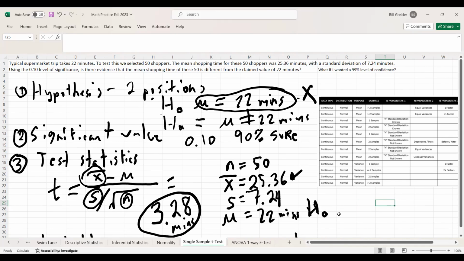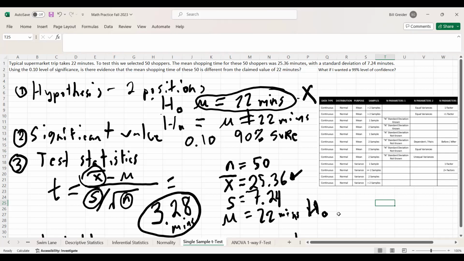Okay, so the typical trip takes 22 minutes. And we took a sample. So I have one sample of 50 shoppers. And it was 25.36 minutes, with a standard deviation of 7.24 minutes. So, when I started recording the time for those 50 shoppers, some of them were 32 minutes, some of them were 18 minutes.